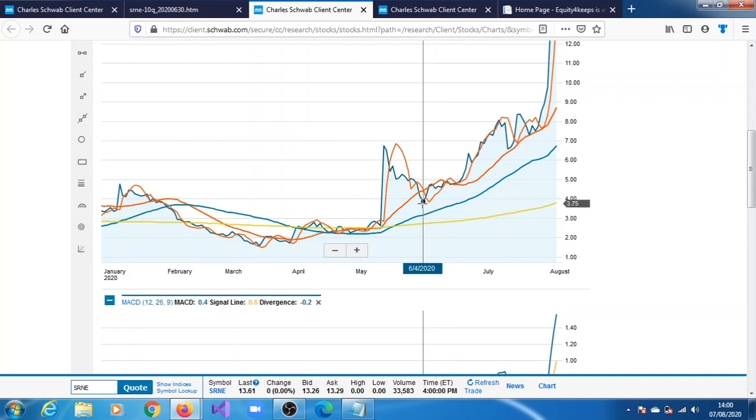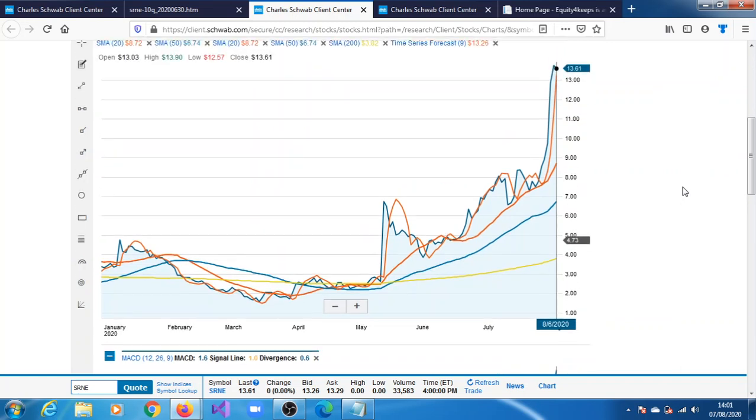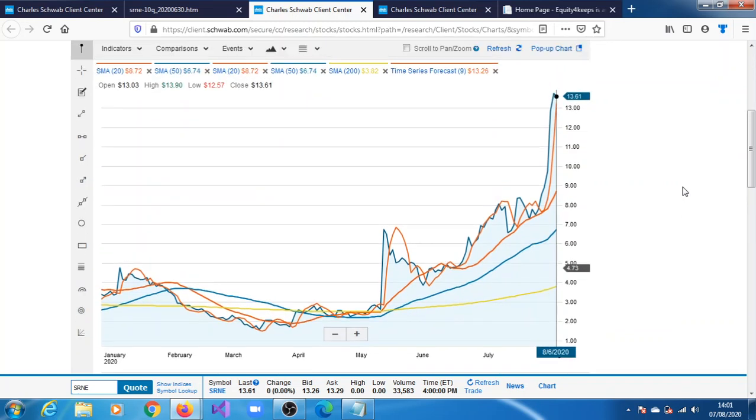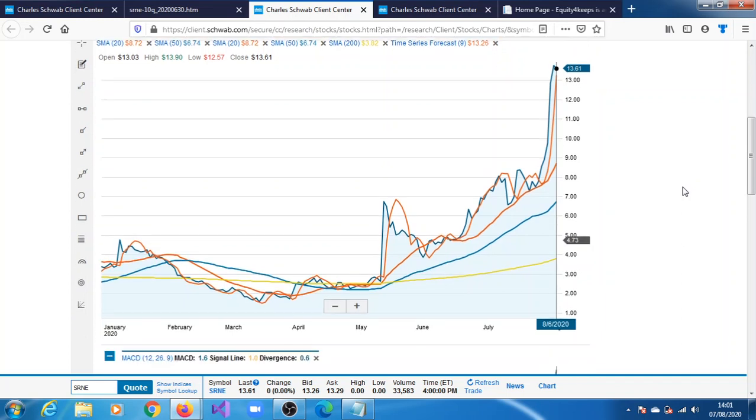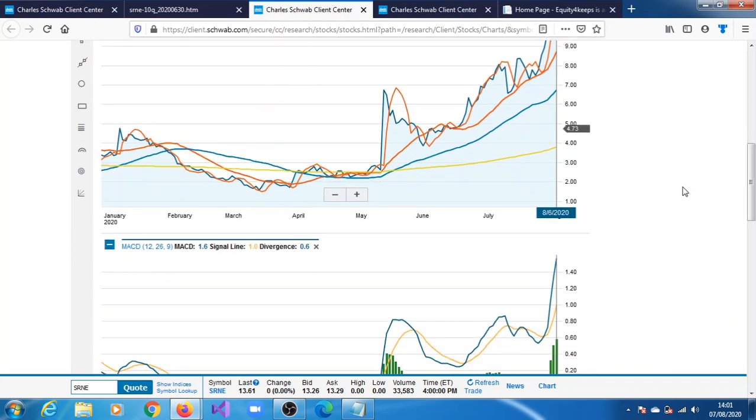The last time was in June, the 4th of June. And for the 50-day, it must have been sometime in April as well. So the trend is that of a bullish trend, the trend on Sorrento at the moment.